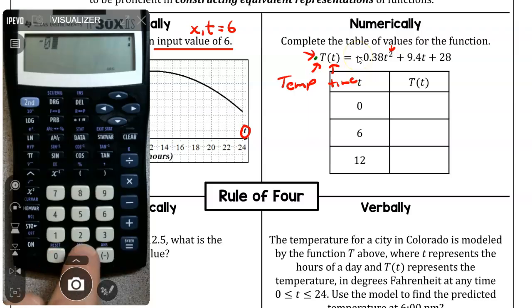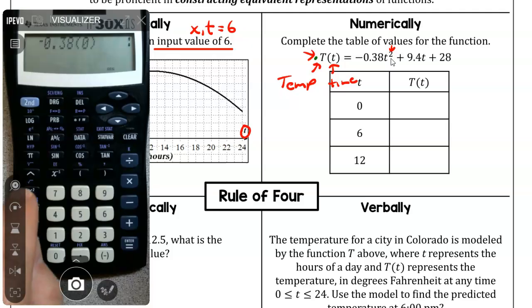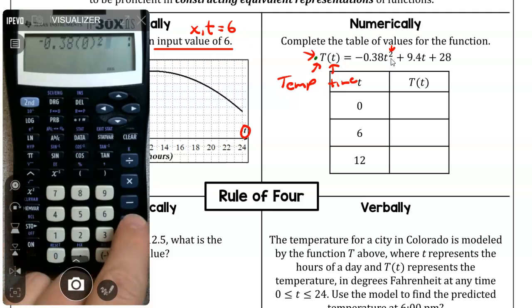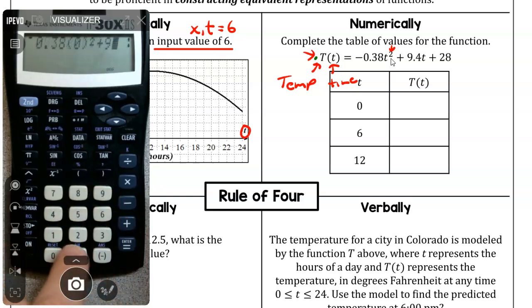Then we put 0.38, and we're going to plug in 0. So all I have to do is hit parentheses, 0, close the parentheses, and then take it to the second power. There is a second power button on here, so I can just press this, and it puts it right there. And then just continue. So I'm going to do plus 9.4, parentheses, and 0, open and close.